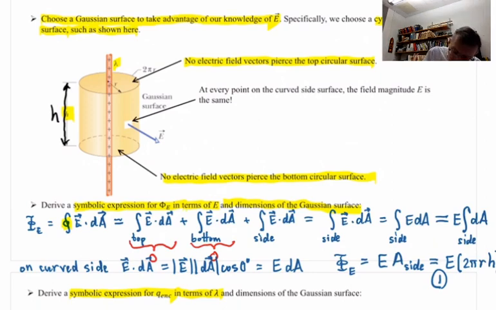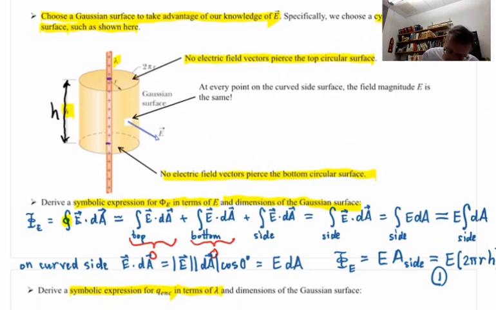It starts roughly right there, where the line intersects the top circular cap, and it ends down there, where the line intersects the bottom circular cap, and then all of the line that's in the interior there of the Gaussian cylinder is enclosed charge.